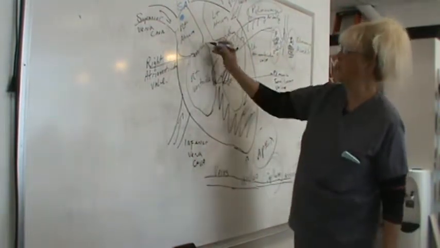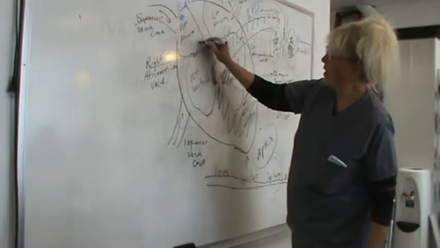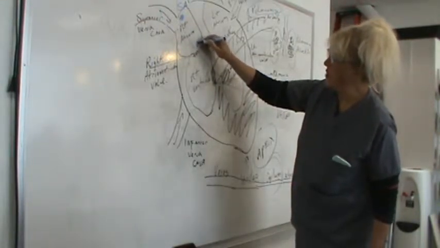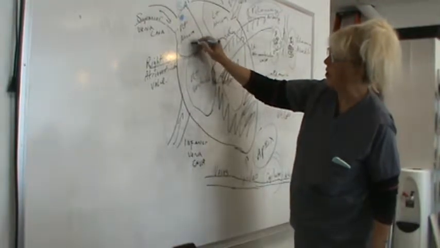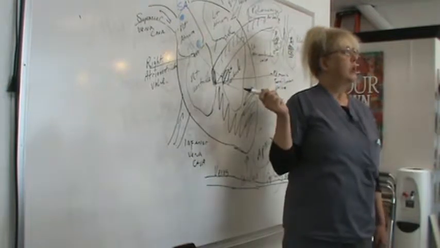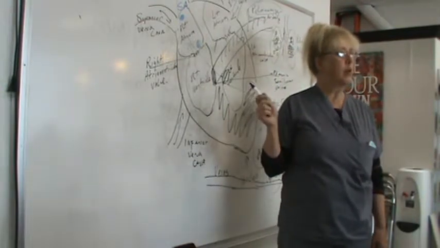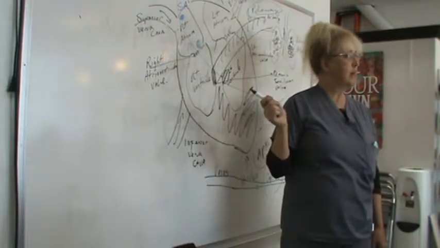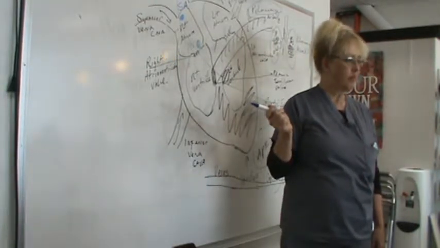The next node we'll find right here at the base between the right atrium and the right ventricle. This is called the AV node or the atrioventricular node. This node is still very important, but it beats the heart between 40 and 60 beats per minute. Okay? 40 and 60.